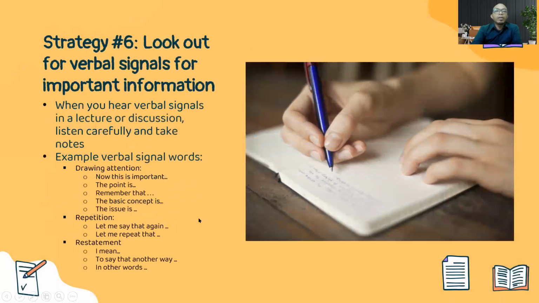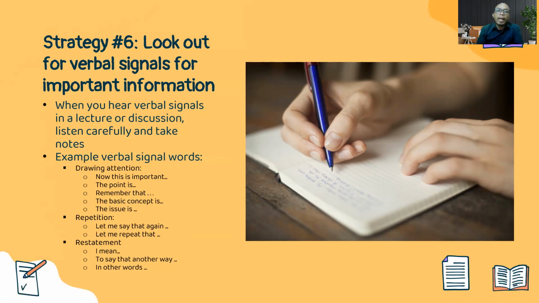Strategy number 6, look out for verbal signals for important information. So I believe you are wondering, when I talk about taking notes, it's not about writing all of the words you hear, but it's about writing the important information or main idea, main points.